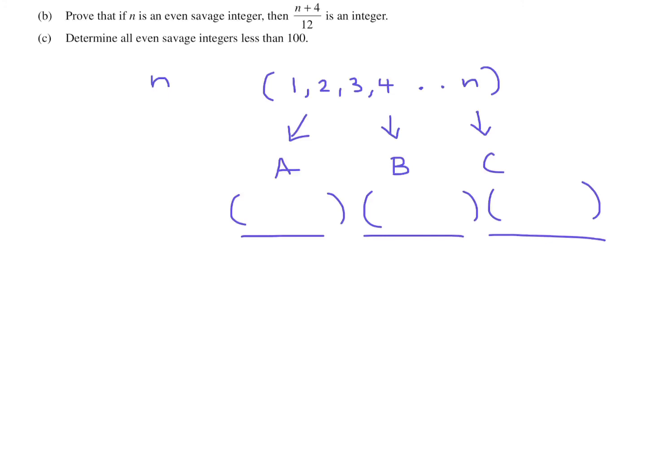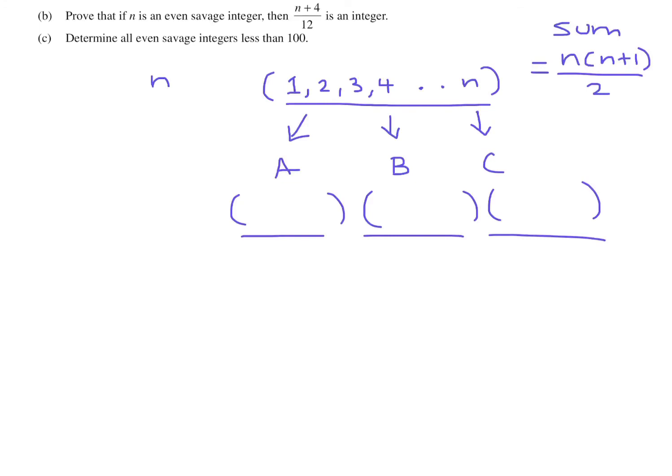So what is the sum? Well, it's n times n plus 1 over 2, the total sum of all the numbers from 1 until n. Now it has to be divided evenly into three groups, A, B, and C. So each of these groups will get 1/3 of this.